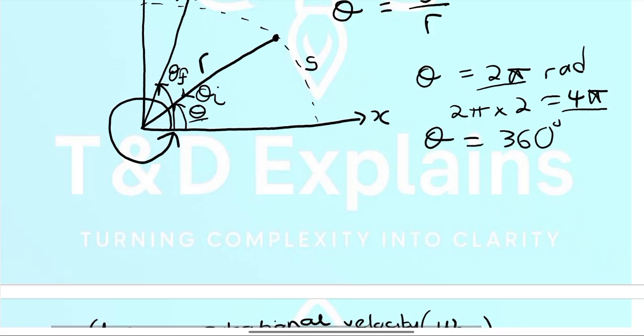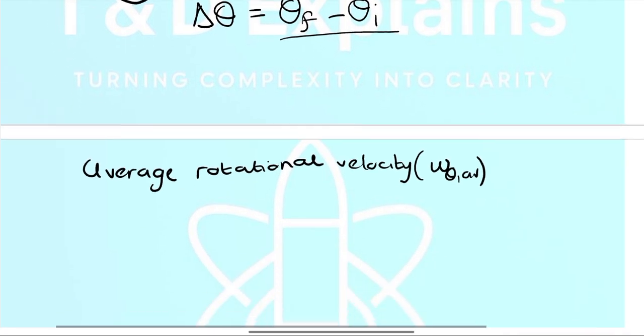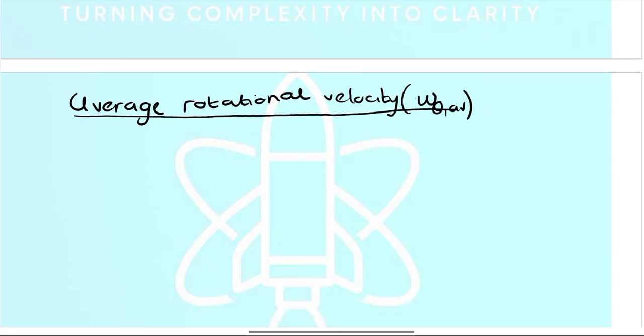So our change in rotational coordinate will be given by theta final minus theta initial. This is our change in rotational coordinate, which we have to understand because we are going to use it to calculate the average rotational velocity. So our average rotational velocity will be given by the change in rotational coordinate divided by change in time.